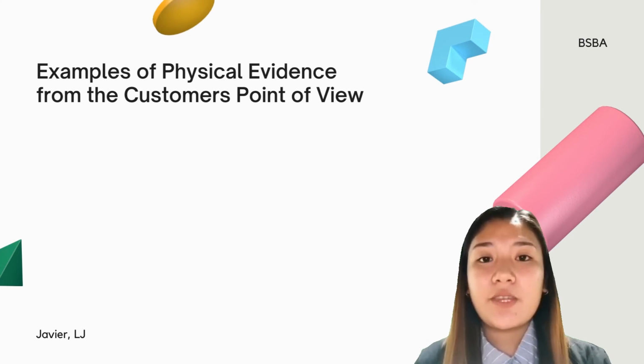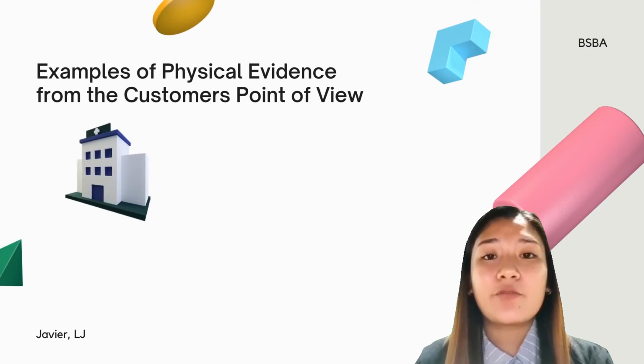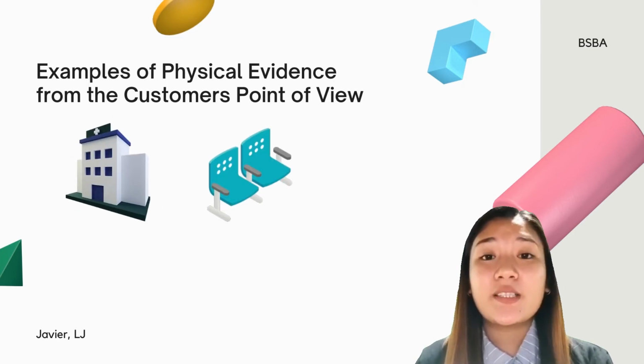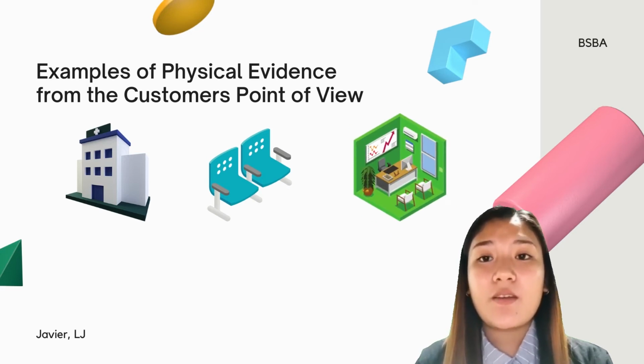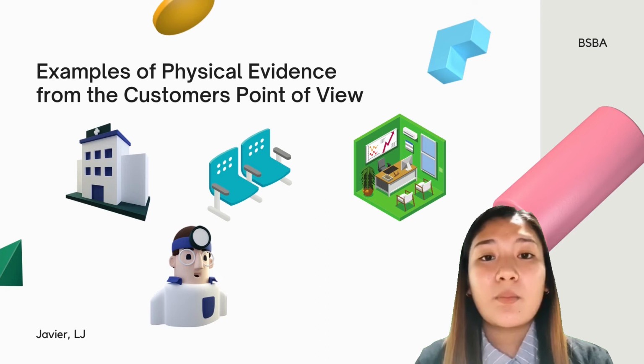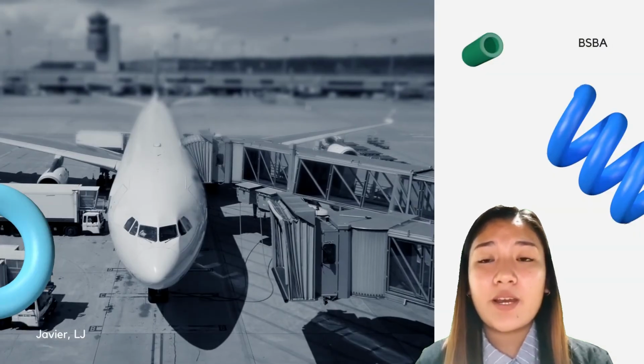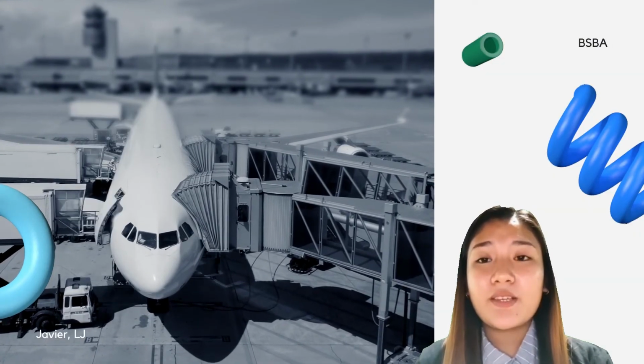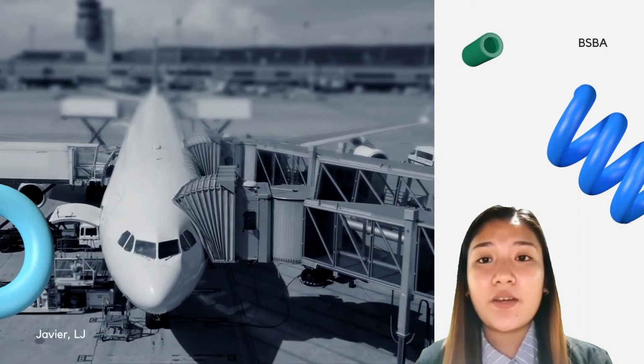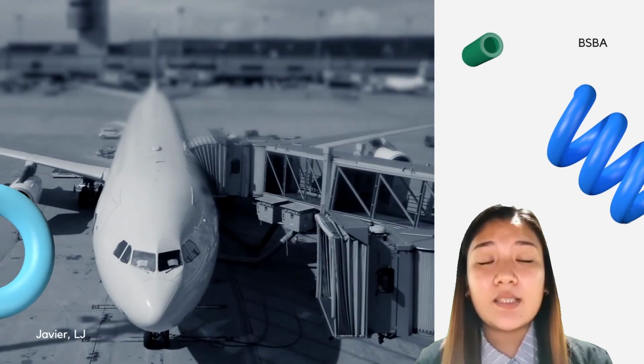Examples of physical evidence from the customer's point of view. For a hospital, we have building exterior, parking signs, waiting area, admissions office, patient care room, medical equipment, and recovery room. And for other tangibles, we have uniforms, reports or stationery, and billing statements. For airlines, we have airline gate area, airplane exterior, and airplane interior, such as decor, seats, and air quality.